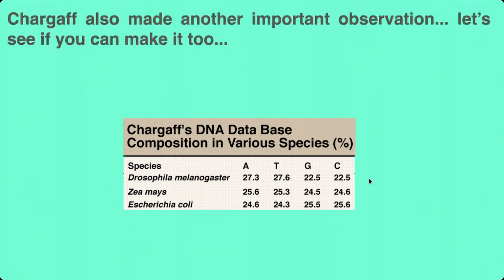And so, again, he made another important observation. I just zoomed in on a couple of these species here. But what do you notice about the amount of A, T, C, and G? Feel free to pause. So spoilers, right?